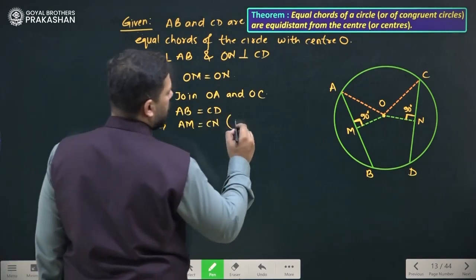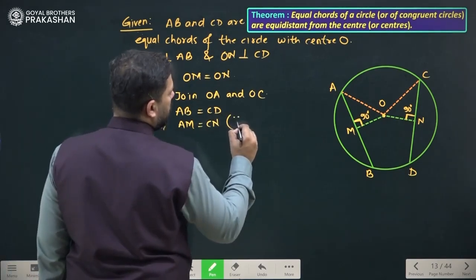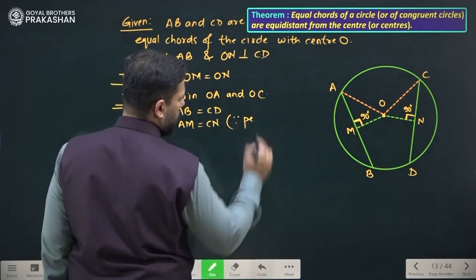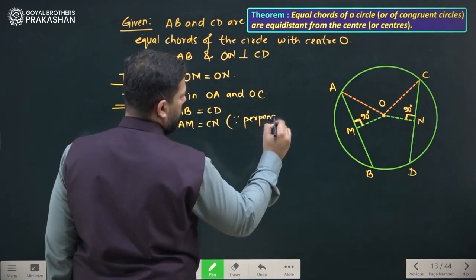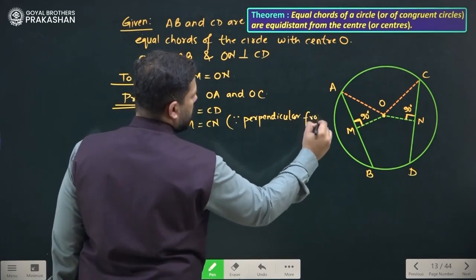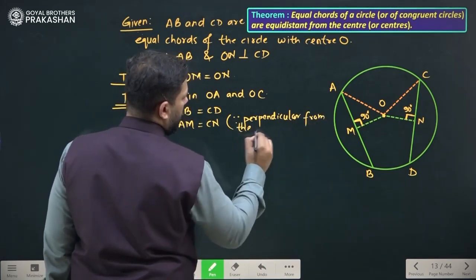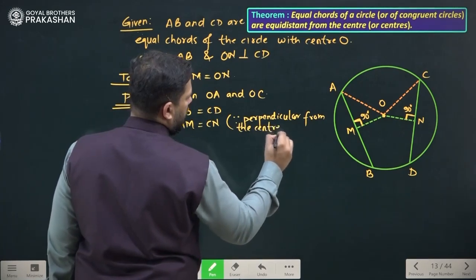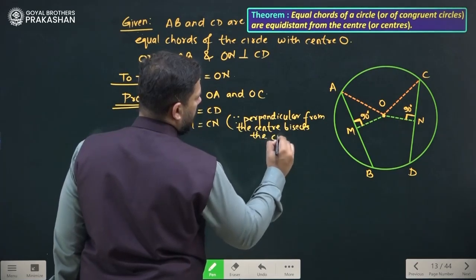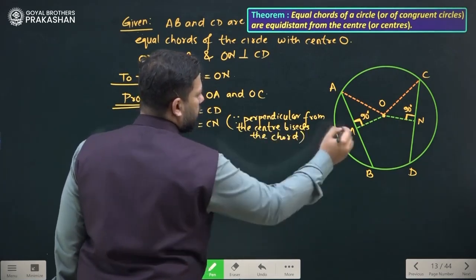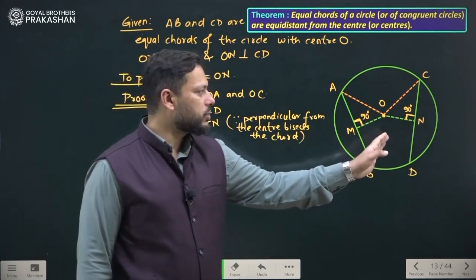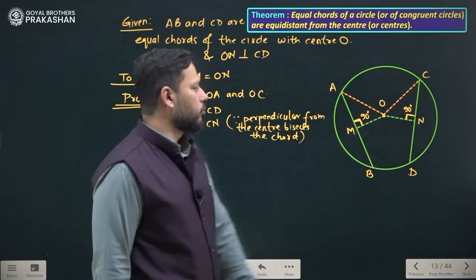Why do we know this? Because the perpendicular from the center bisects the chord, right? So these two perpendiculars have bisected the chord, and since the chords were already equal to each other, half of them will also be equal to each other.